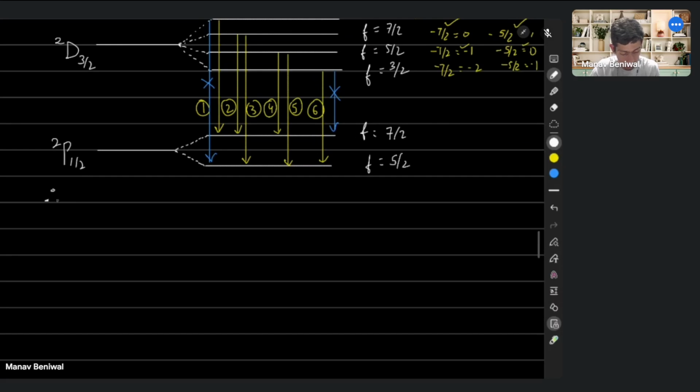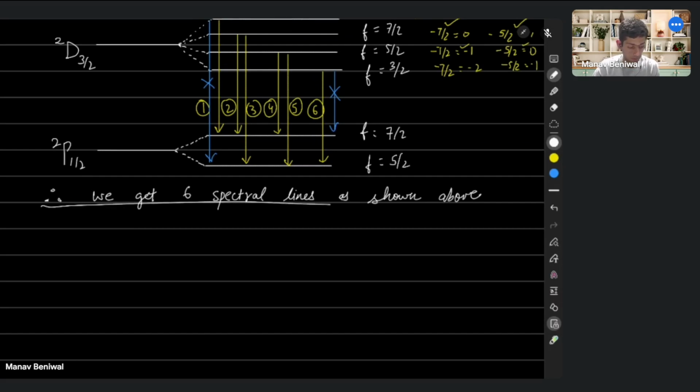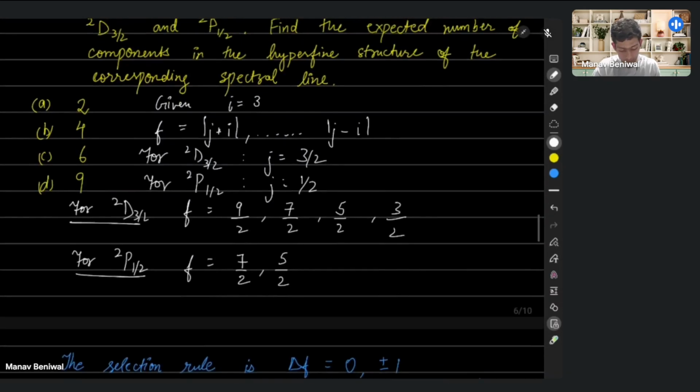Therefore, we get six spectral lines as shown above. Okay, so the correct option is 6.